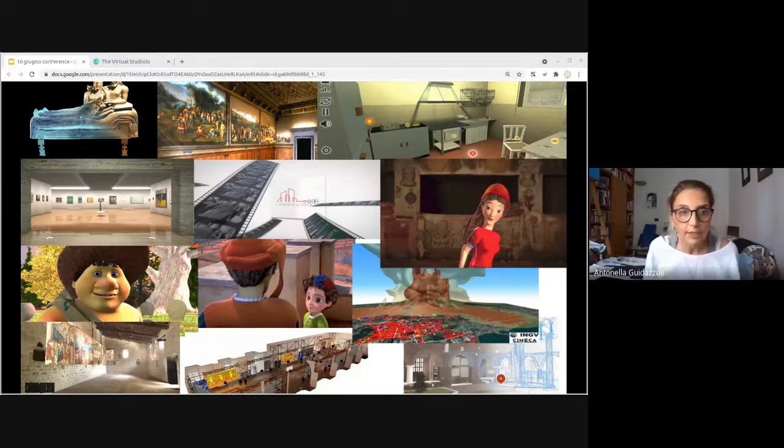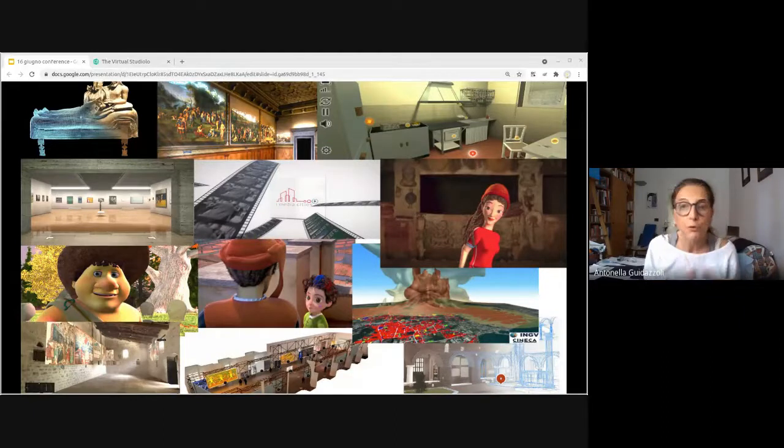We have to pay a lot of attention also to the visual interfaces, because in order to allow the complexity to be shown, you need good visual interfaces. Otherwise, it's impossible to explain the complexity.